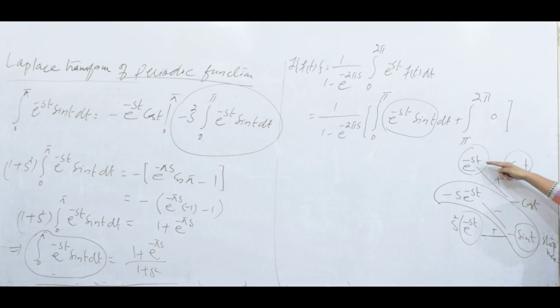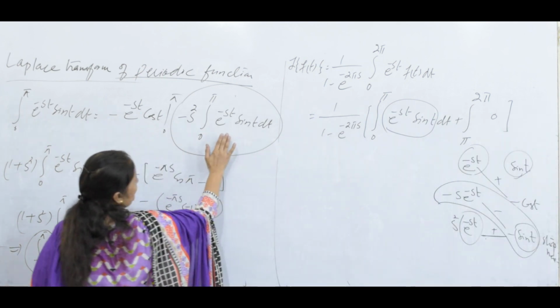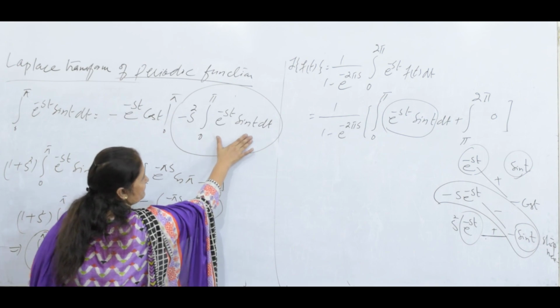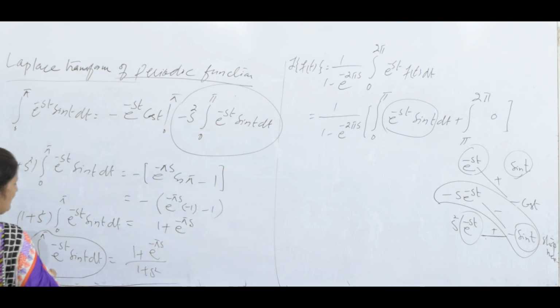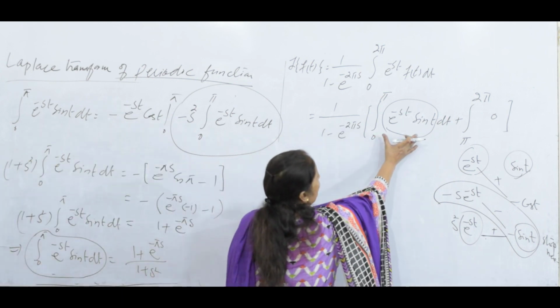Then the same procedure: this multiplied by this, multiplied by this, and the horizontal line. The horizontal line is written in terms of the integral, which I have written. Putting this there and after simplifying, now you have calculated this.